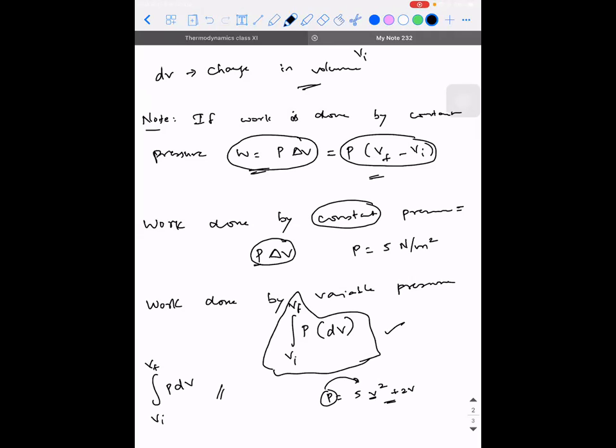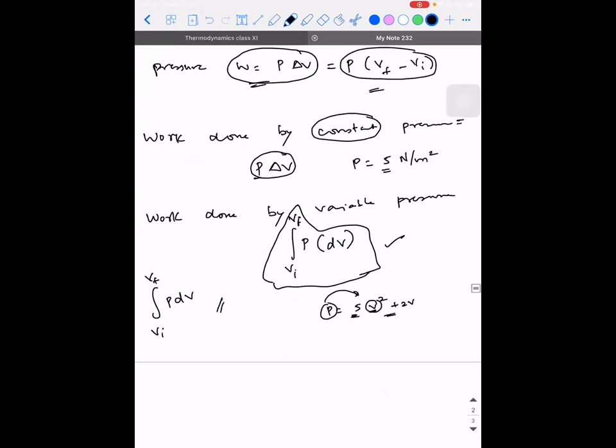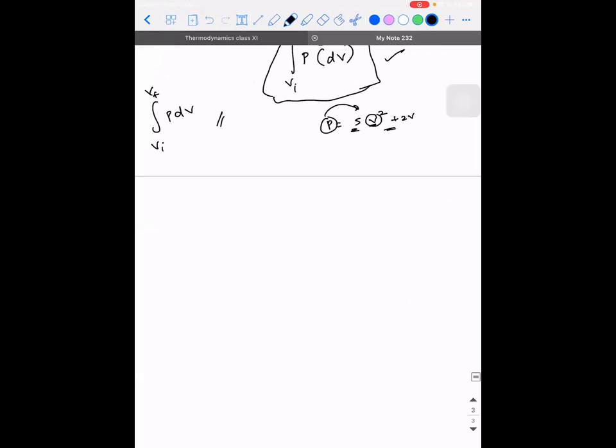So I hope you understand the difference between constant pressure and variable pressure. Constant pressure means it's just a number. Variable pressure means a number multiplied with volume raised to some non-zero power. That is variable pressure. Am I clear, guys?